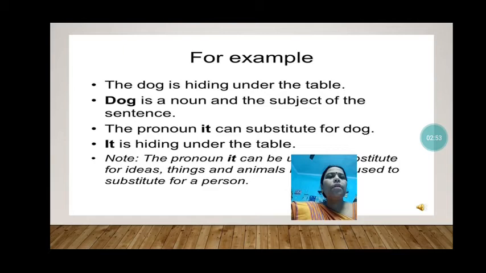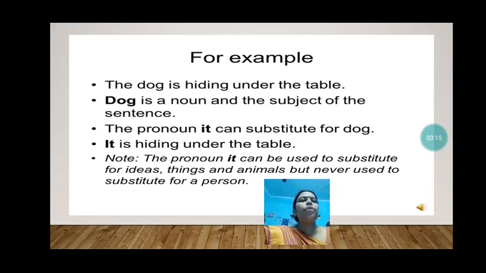Now see, the dog is hiding under the table. Dog is a noun. Everyone knows that it is a name, and the subject of the sentence. You know what is a subject? Subject is the doer of the action. So who is doing the action? The dog is doing the action of hiding. Then see, the pronoun it can substitute for dog.